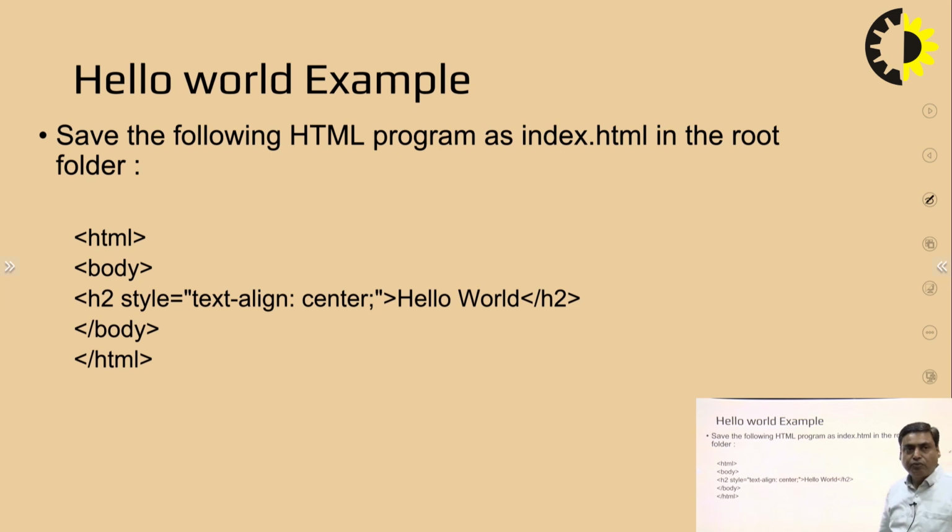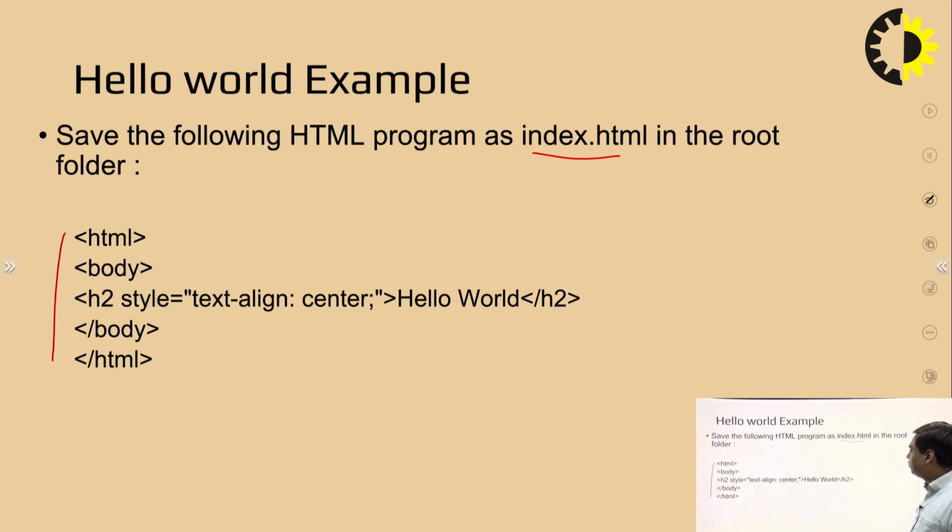Now let's look at the use of the Express framework in Node.js. This is an HTML program, and the name of this HTML program is index.html. I want to run this program in a web server. To run this program, we are going to create a Node.js program, because Node.js also runs on the web server.